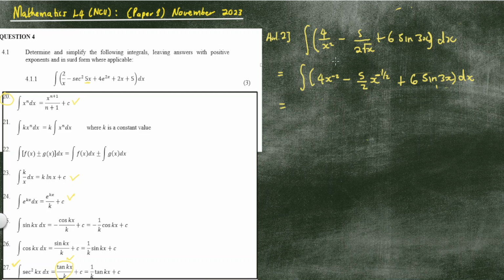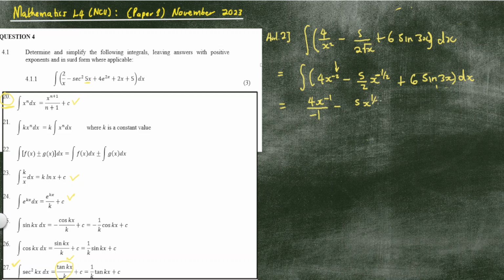So my exponent is negative 2. I'm going to apply number 20. So it's going to be 4 x exponent minus 1, because minus 2 plus 1 gives us minus 1. The minus 1 we got, we write it as a denominator as well. Minus 5 over 2 x, what is negative 1 over 2 plus 1?